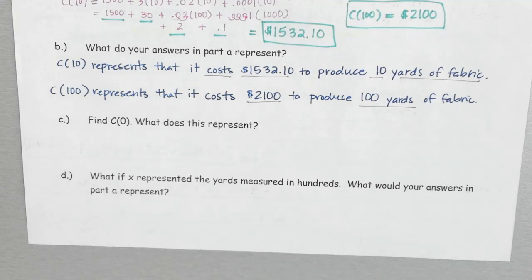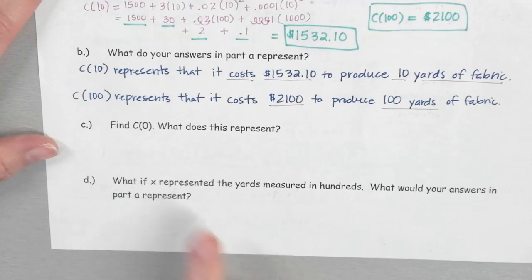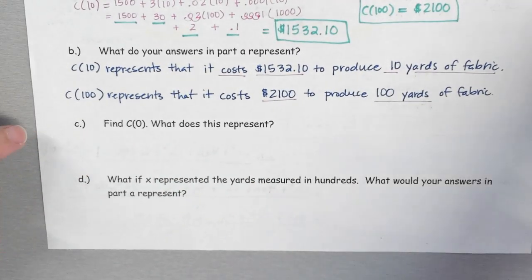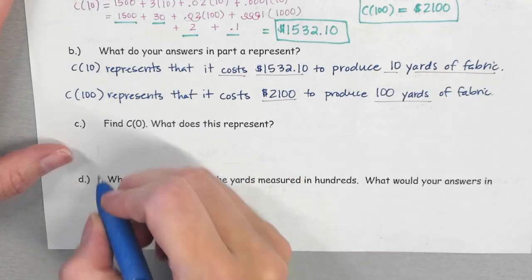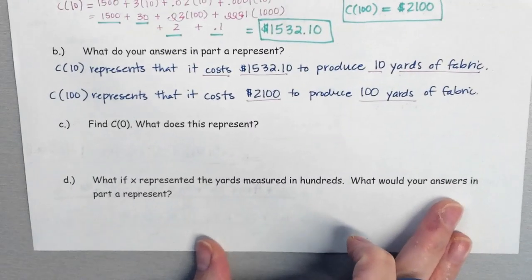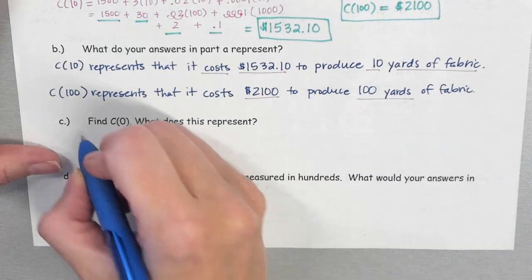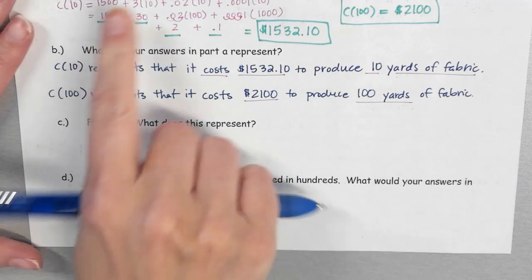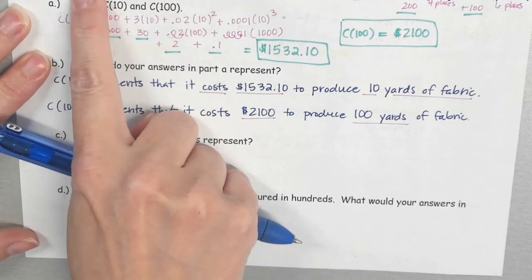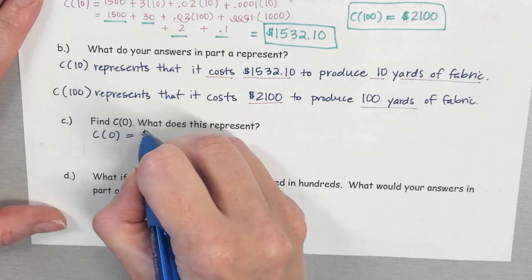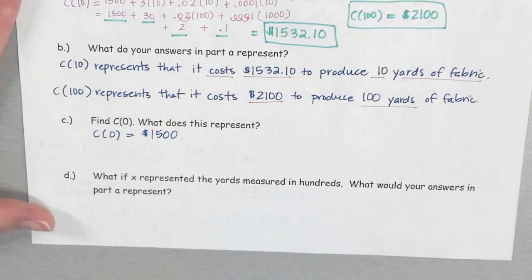All right, let's find C of 0. What does this represent? What is C of 0? It's the initial. So if we find C of 0 and plug that in, these all become 0. You have 1,500. But what does it represent?